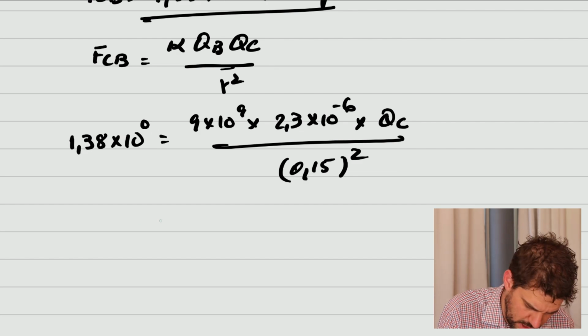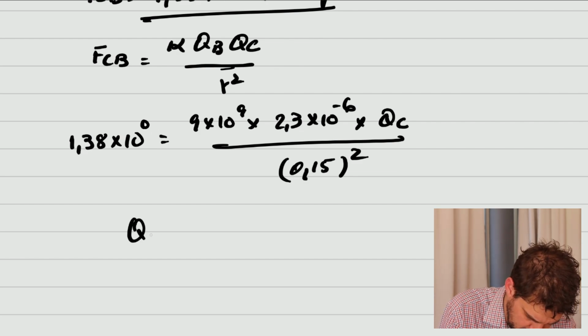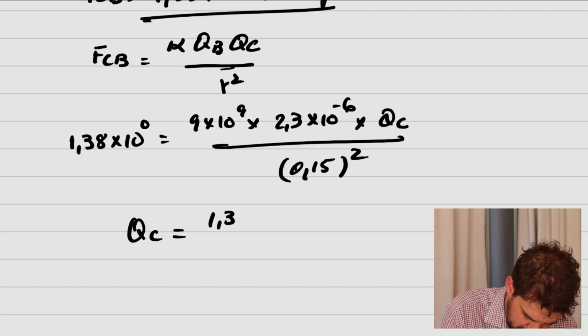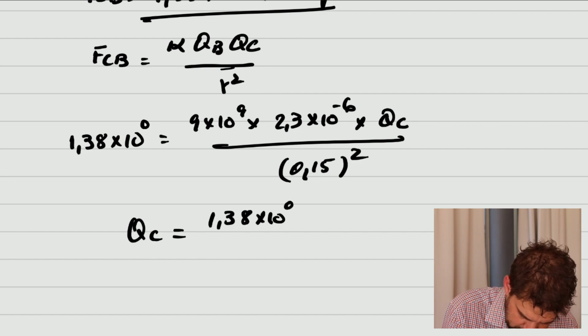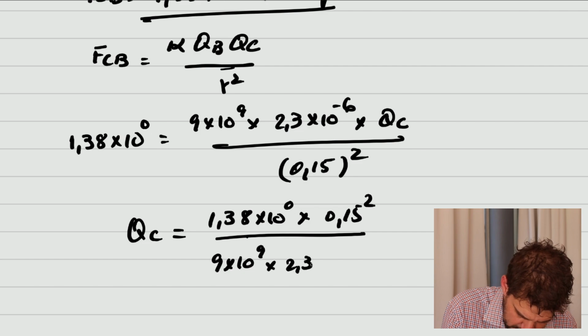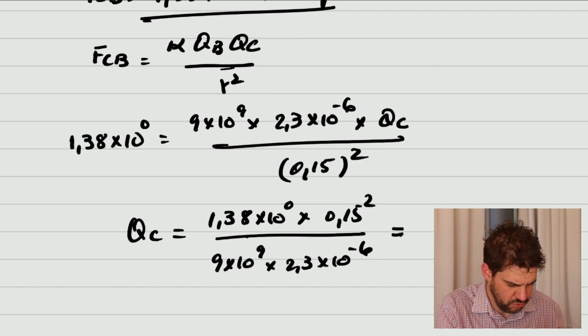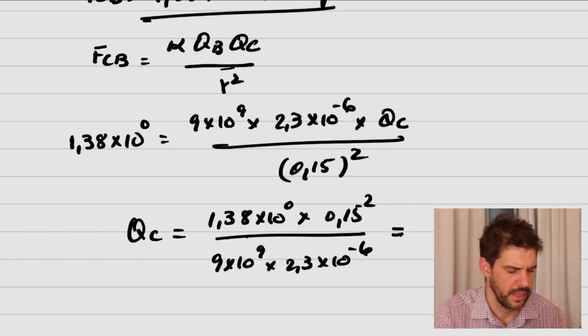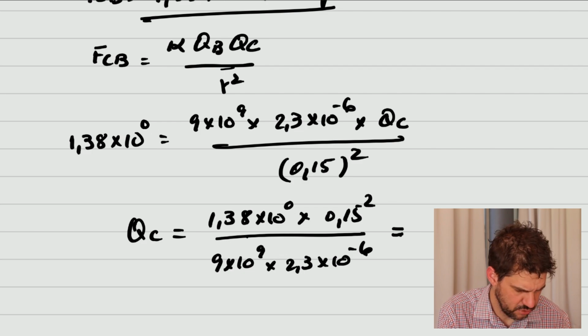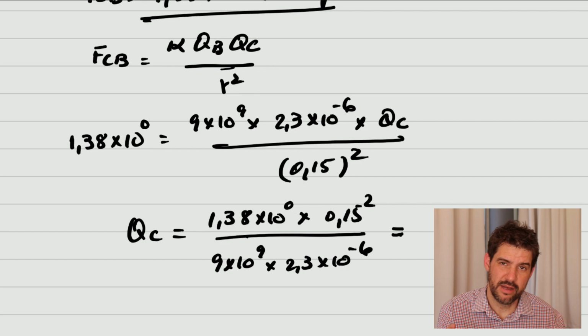All right, so let's quickly do that. Charge C is equal to 1,38 times 10 to the 0 times 0,15 squared divided by 9 times 10 to the 9 times 2,3 times 10 to the minus 6. I'm using the calculator real fast here. So the answer after calculation, please calculate on your side and let me know if I make any mistake.